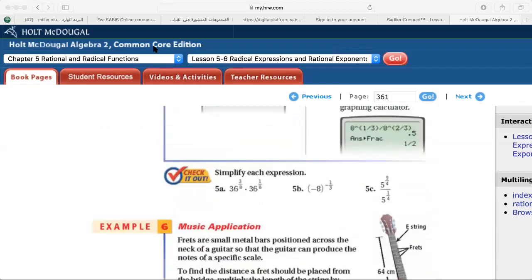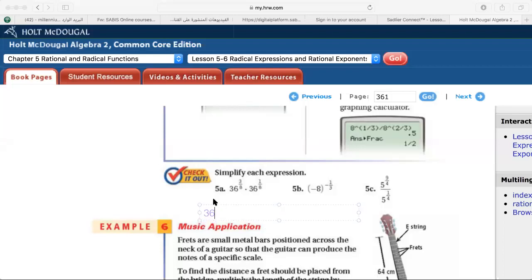Here I have 36 to the power 3 over 8 multiplied by 36 to the power 1 over 8. Let me write it like this, because it's hard to write the exponents here.